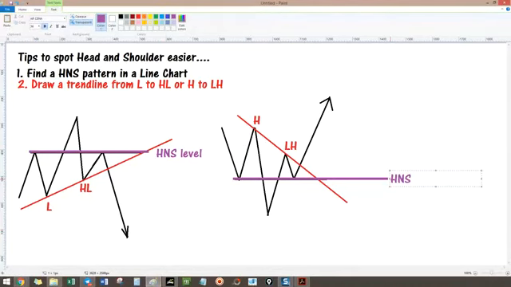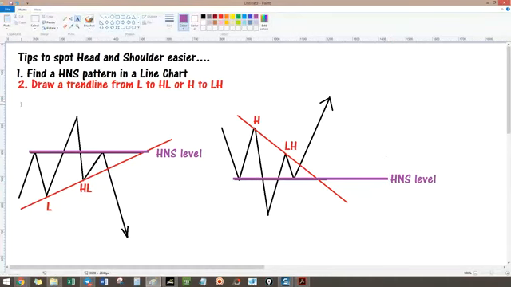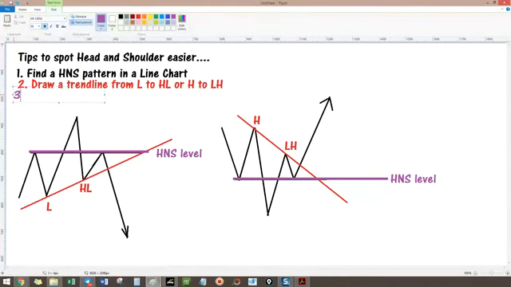Number 3, mark the HNS level from the left shoulder to the right.